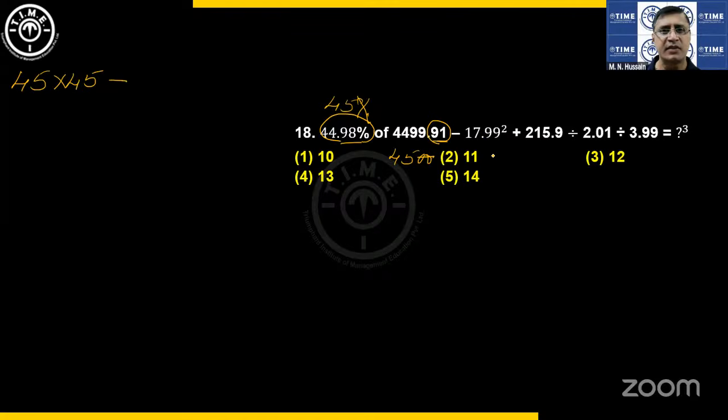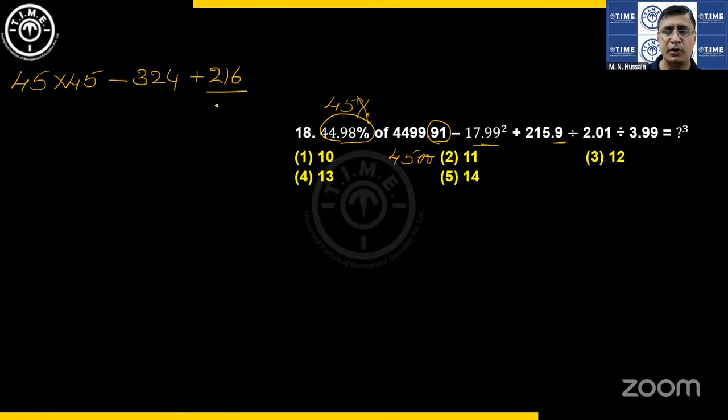Next, 17.99 means 18. 18 square is equal to 324 plus 216. Here 215.9 is close to 216. 0.9 means close to 1. 1 plus 215 is 216.